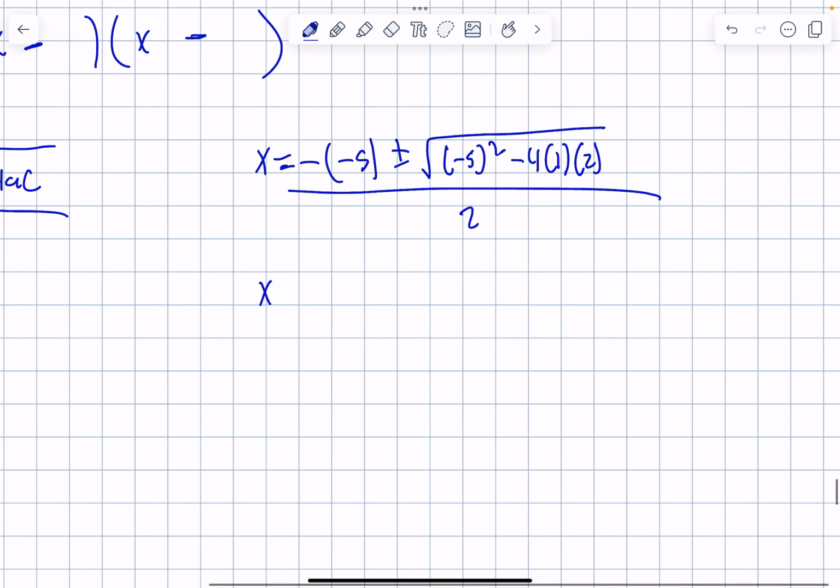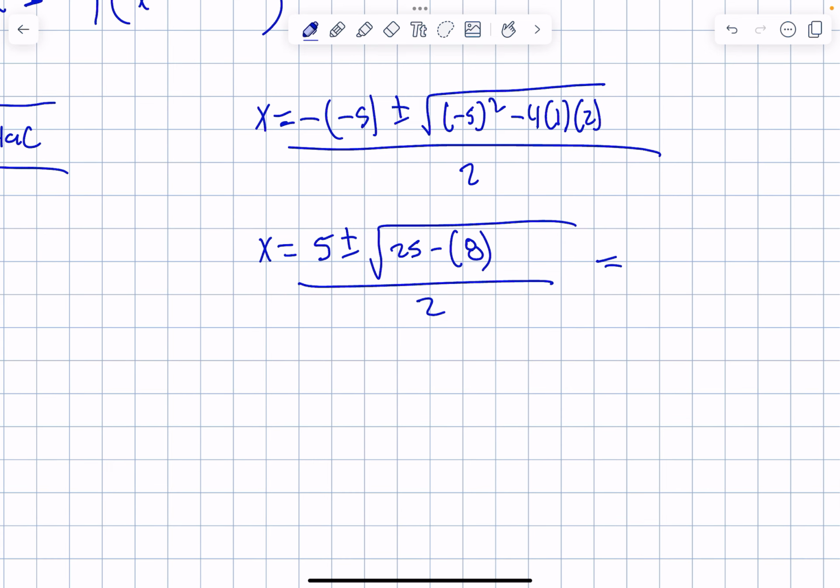So x here is equal to 5 plus and minus the square root of negative 5 squared is 25, minus 4 times 1 is 4, times 2 is 8, all over 2. I'm going to simplify this. It is equal to 5 plus and minus the square root of 25 minus 8, which is 17, all over 2.